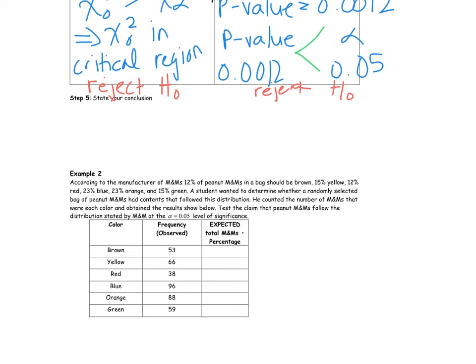If we reject the null, what kind of evidence do we have? Sufficient evidence. What comes next?